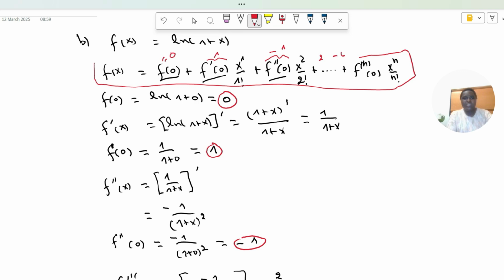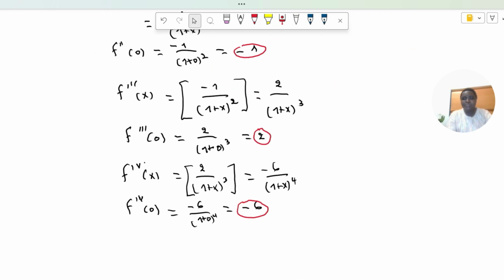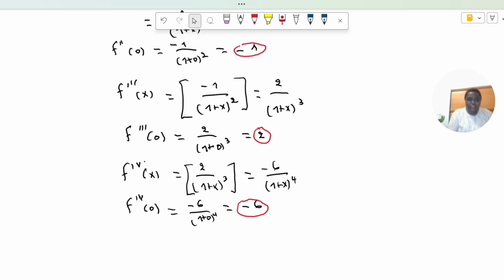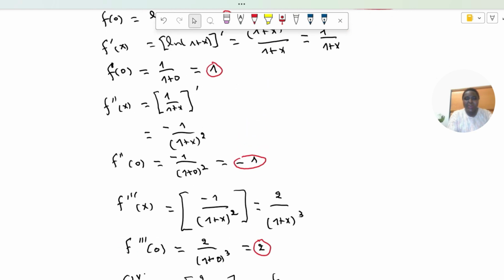So let's do it a bit down here. Let me write it down here: we will have f of x equal to 0 plus, was it the first one, was it 1 or minus 1? I don't remember. Yes, it's 1.